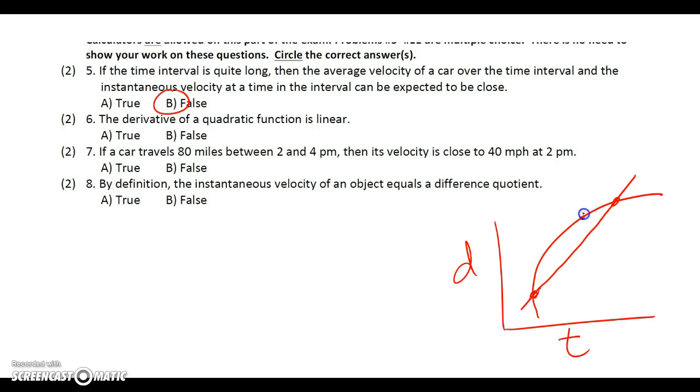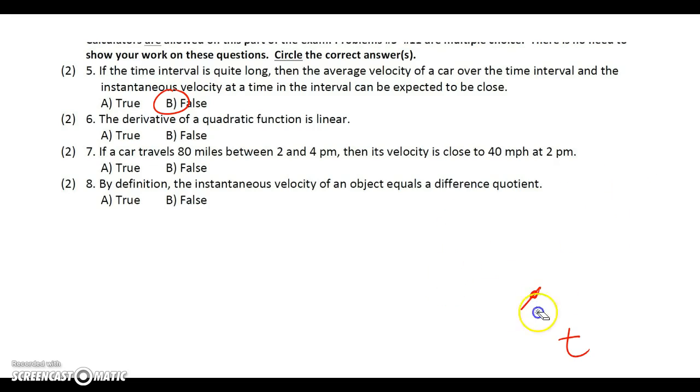If I take an instantaneous over here, that slope's quite different. So the longer the time interval, the less the possibility that the instantaneous velocity and the average velocity will be close. Okay?